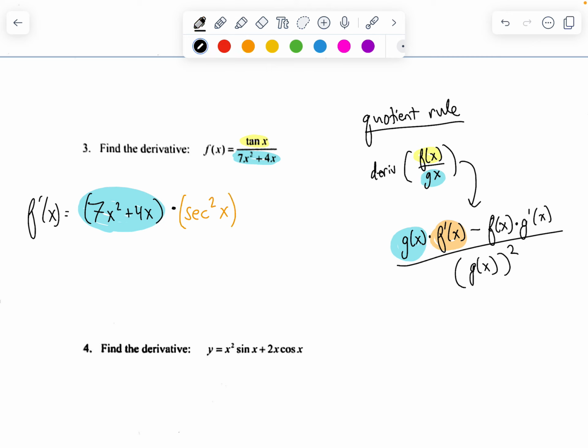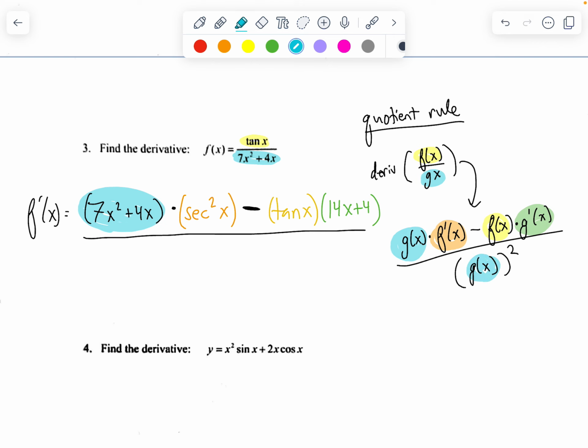Then we're going to subtract f of x, which is tan of x, times the derivative of g of x. And the derivative of g of x is going to be 14x plus 4. Boom. All of that on top, and that's all over g of x squared.